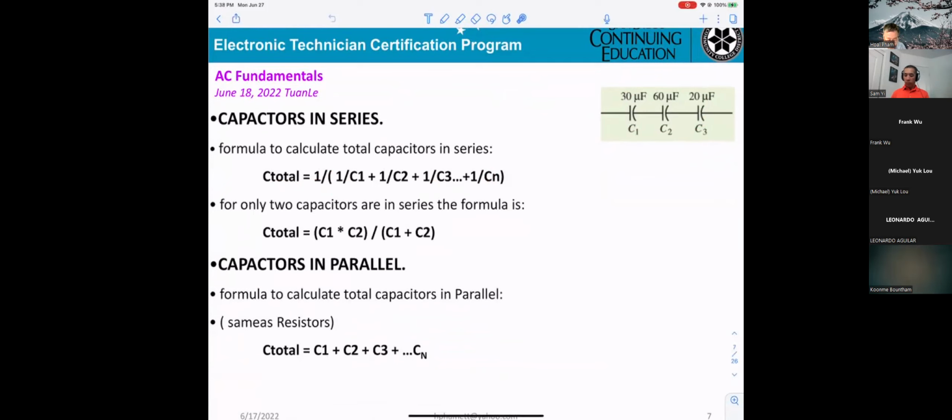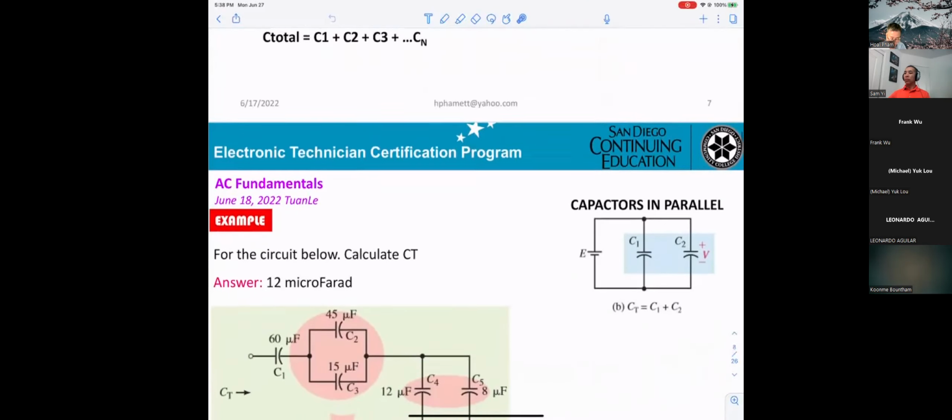If you have only 2 capacitors in series, you can use the formula C1 times C2 divided by C1 plus C2. If the capacitors are in parallel, the formula is the same as for resistors: if you want the total, add them up.